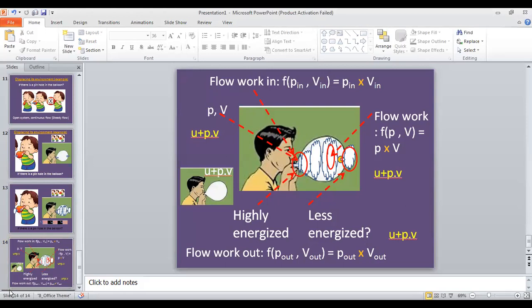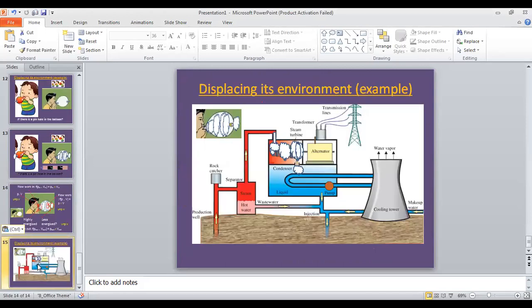Probably you feel much better about the balloon effect here. Actually, this is a power plant using geothermal energy from the ground.